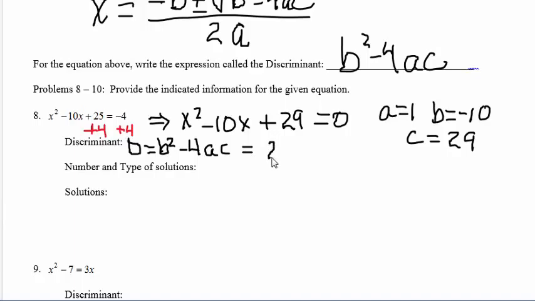So b squared, which is the square of negative 10. B is negative 10. So the square of negative 10 minus 4 times 1 times 29.